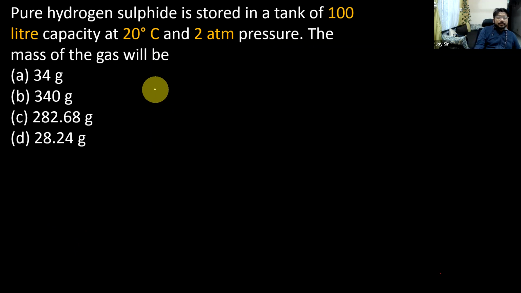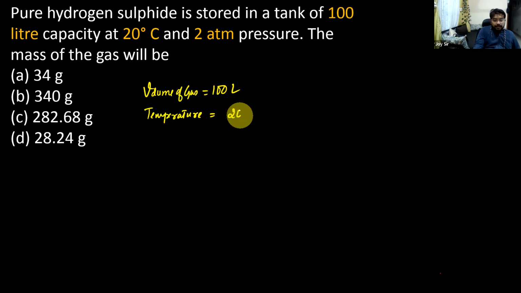Okay, let us start. Pure hydrogen sulfide is stored in a tank of 100 liter. So volume of gas is 100 liter. ठीक है? Temperature is 20 degrees Celsius.